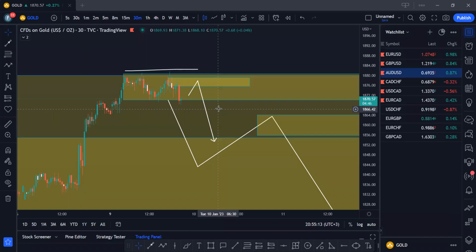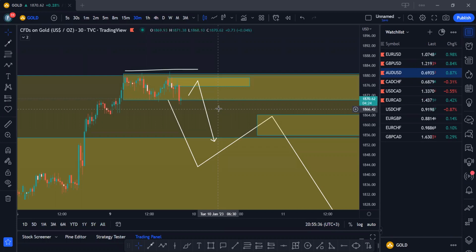So my recommendation, and that's why I usually give possible scenarios, is: trade what is in front of you. We are trading the market structure as it is printing, as it relates with every other currency.